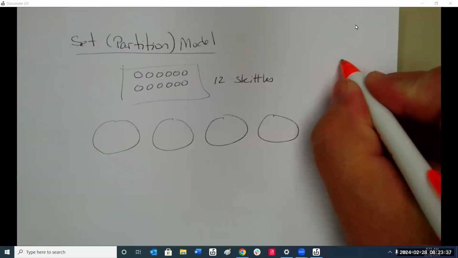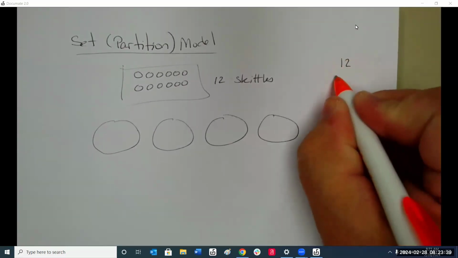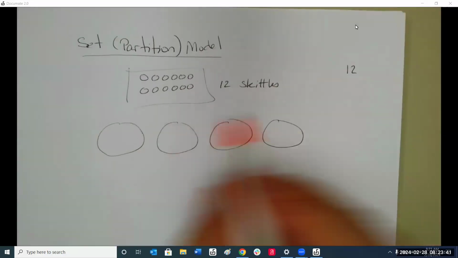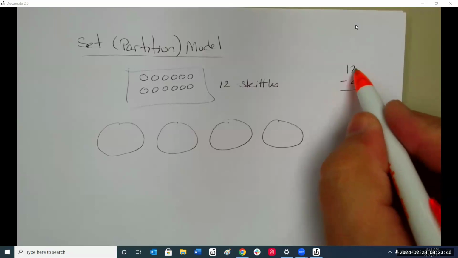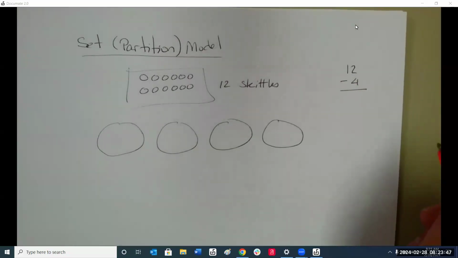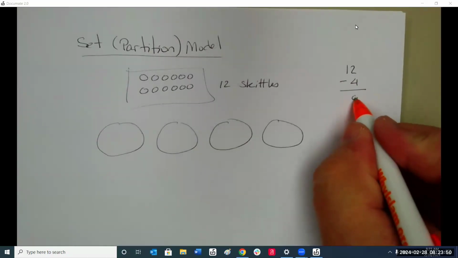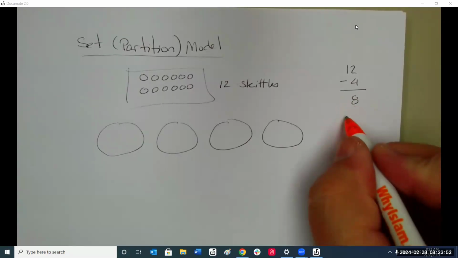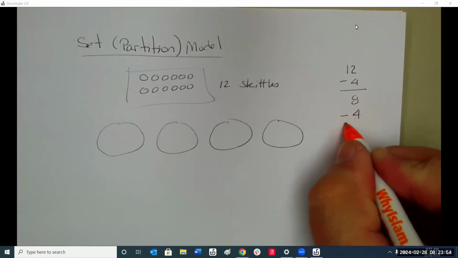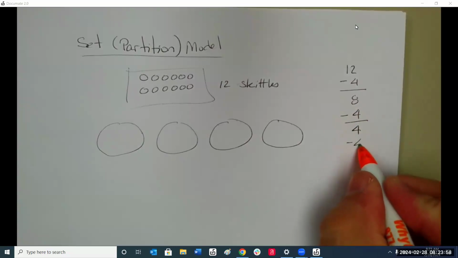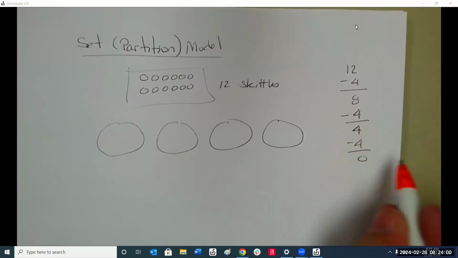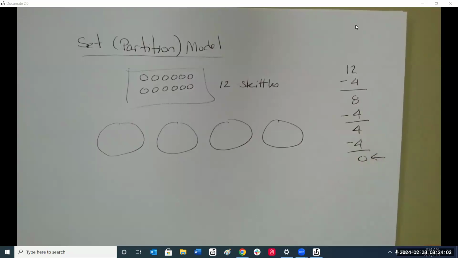Well, here's a subtraction method. 12 minus 4 is 8. 8's still bigger than 4, so I'll keep on going. 8 minus 4 and 4 minus 4. If we get a 0 here, we're doing good.